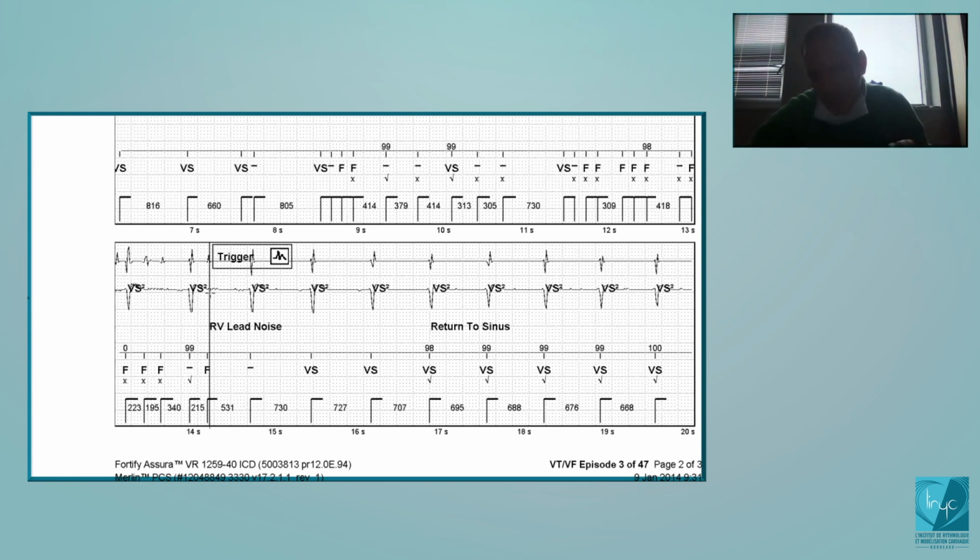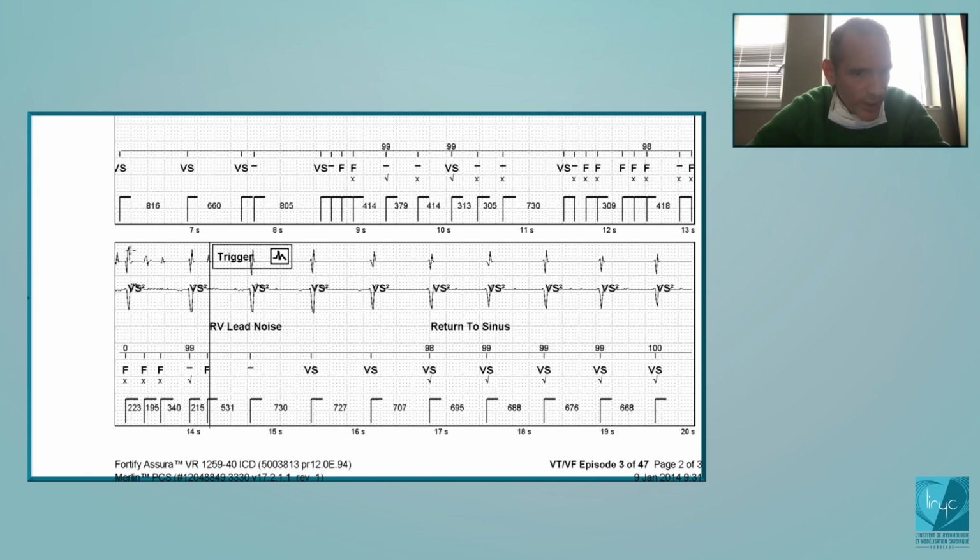Okay, because the idea is to avoid inappropriate therapy and then to alert, and then the patient needs to come to the center, because if the lead is broken, you cannot wait too much, because at the end, even with this algorithm, if you wait for 1 month, 2 months, 3 months, at the end, you will receive inappropriate shock because there's going to be noise also on the discrimination channel, okay? So the idea is to differentiate a real arrhythmia from noise because there is discordance between this channel and this one in case of noise, okay?